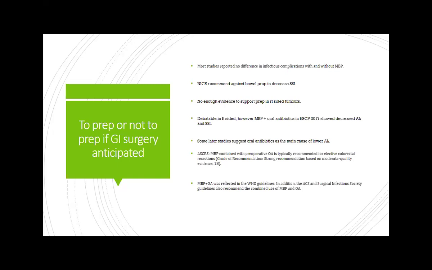Later on, the American Society of Colorectal Surgeons recommended mechanical bowel preparation plus oral antibiotics in elective colorectal resections, whatever the cause. This is reflected again in the WHO guidance. So to sum up, we don't have any evidence to do bowel preparation for small bowel. There's limited evidence for the right bowel, but for the left bowel, mechanical preparation with oral antibiotics may decrease surgical site infection and anastomotic leak.